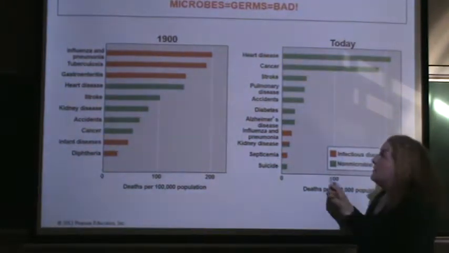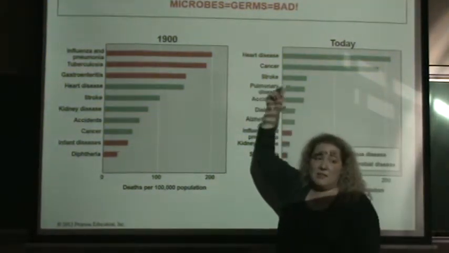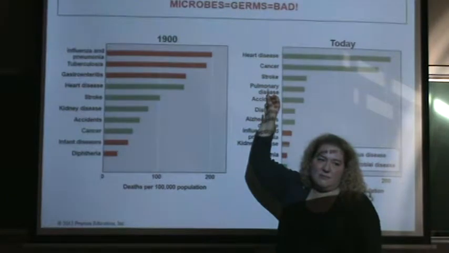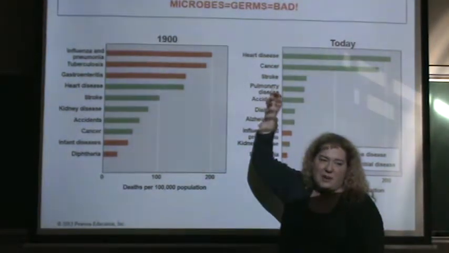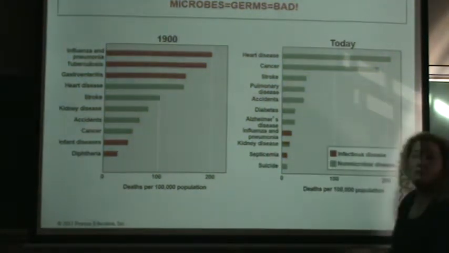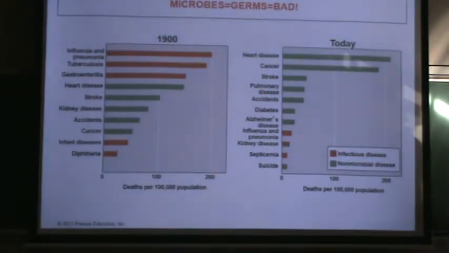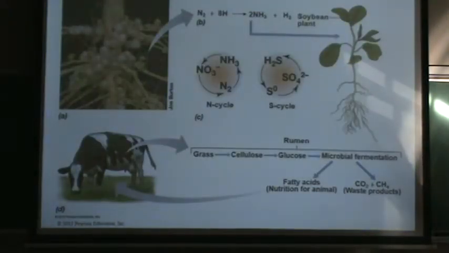But we're moving to an understanding to know that not all microbes are germs, not all microbes are bad for us. We actually need them to live in many cases. So that's something that we'll learn more about in this class as well. We also need microbes to live based on what they do out in the environment.